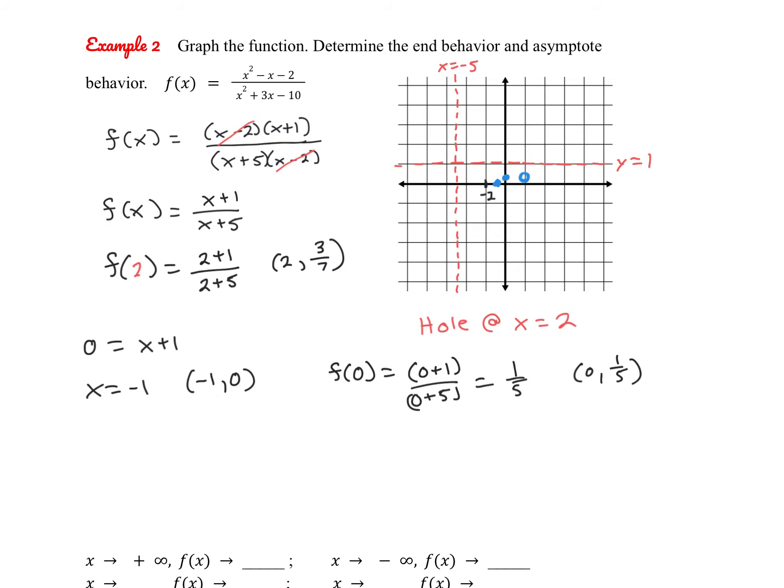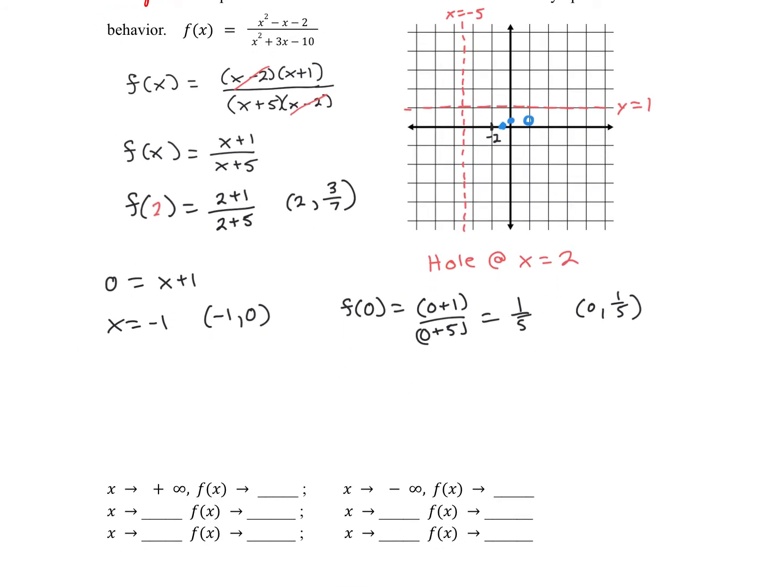So we can have a pretty good guess of what's happening on this part of our graph because we do have our points. But we're still going to do a sign analysis just to make sure we're on the right track. For our sign analysis, we're going to see what's happening to the left of -5, then in between -5 and -1, which is our 0, and then to the right of -1.